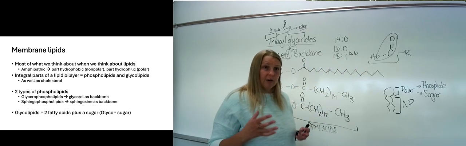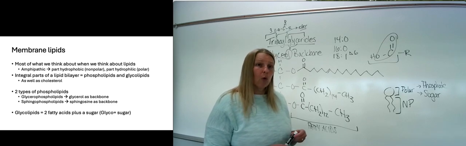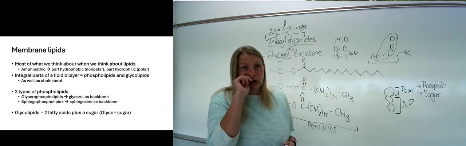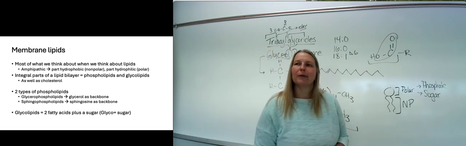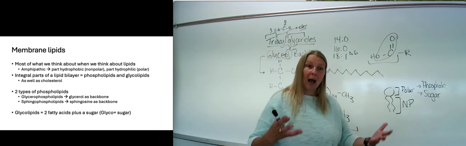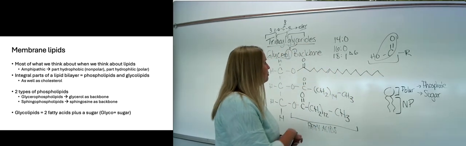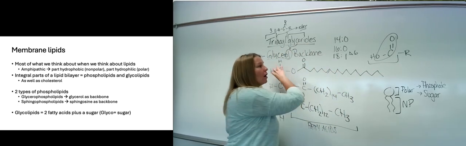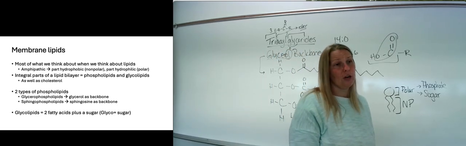Sphingosine is a very common known backbone for a lipid. If you've ever heard of ceramides, if you've ever seen those commercials for CeraVe, they say the ceramides in CeraVe, they talk about how that's moisturizing. That's actually accurate because ceramides are a sphingosine-based backbone that we talk about with lipids to help hydrate your skin.